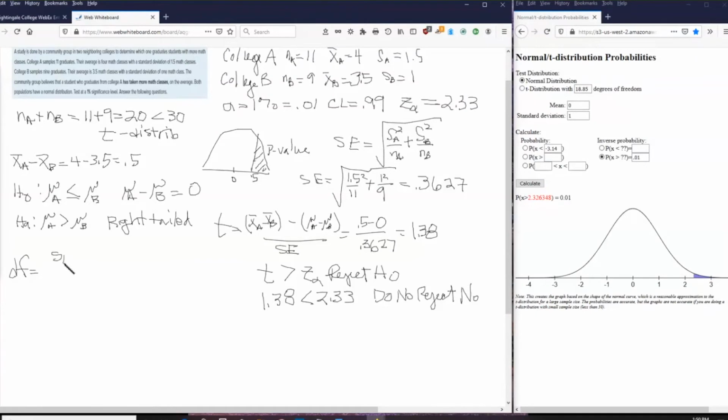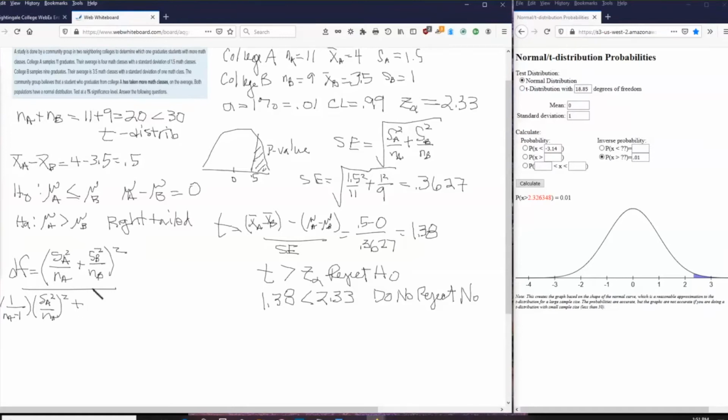And that's going to be my standard deviation of sample A squared all over the sample size, plus standard deviation squared of the second sample over its sample size, quantity squared, over the quantity: sample size minus 1 for the first one, standard deviation squared divided by sample size for the first quantity squared.